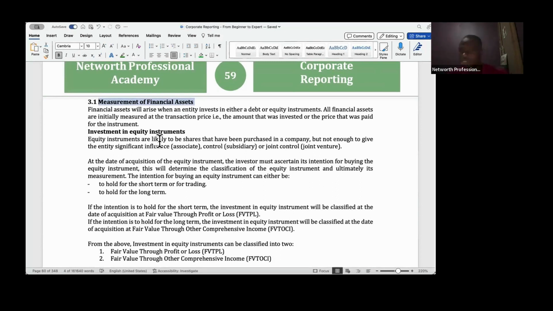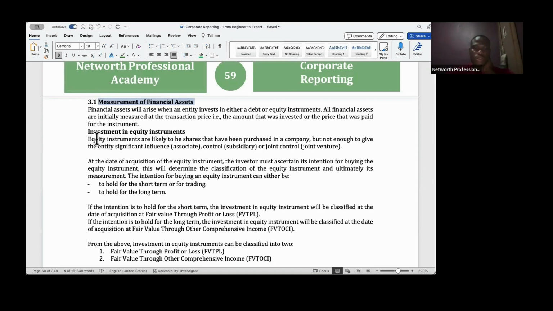There's no special measurement basis. The money you have is the money you have. Just put it there as your money. The second one for financial assets is an equity instrument of another entity, which is when you buy shares. And the third one is a contractual right to receive cash. That's when you invest in debt. So those are the two we are going to focus on under financial assets.